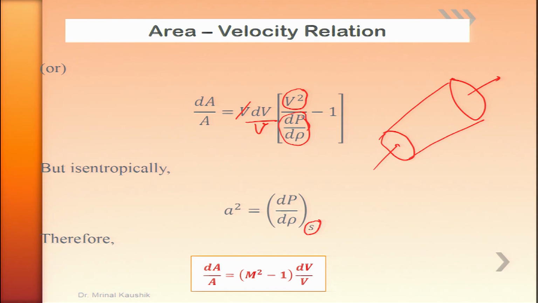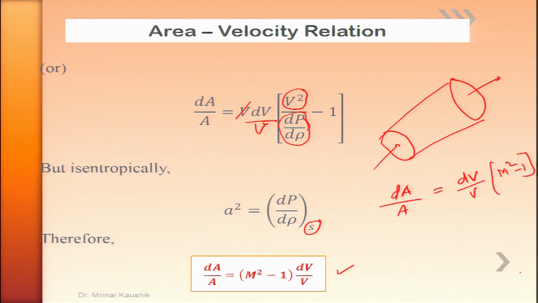Therefore, this term becomes a square, and thus dA by A will be dV by V times M square minus 1. That means the final expression we are leading to is dA by A is equal to M square minus 1 times dV by V. This relationship is termed the area velocity relationship.